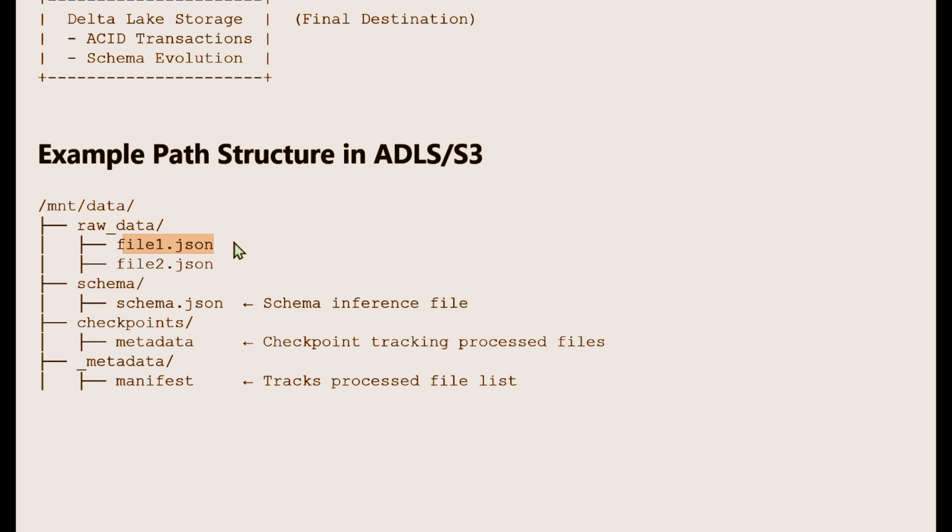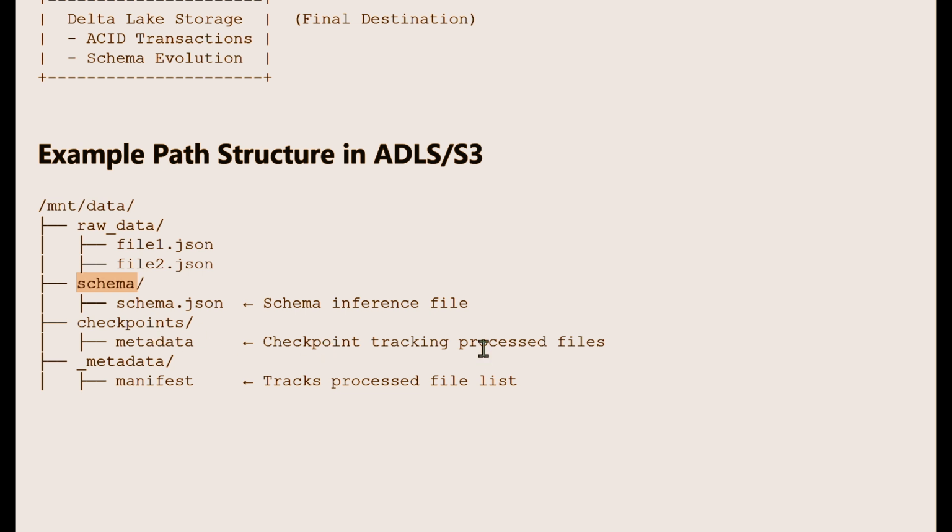And then we move on to the schema container, which has a schema.json that will take care of the schema inference for the files. And then the checkpointing, like I said, tracks whether data has already been processed or not.